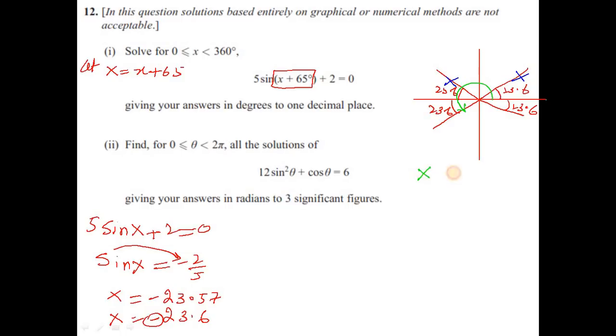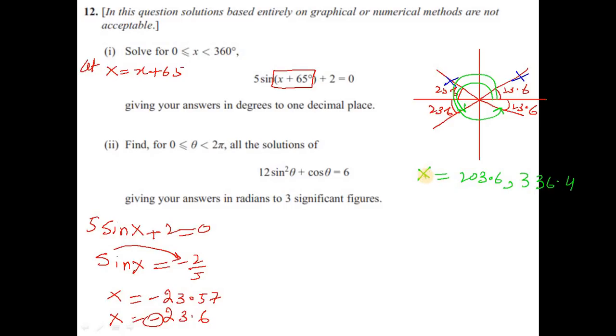So my first angle, capital X, is 203.6. The second answer is this, that means 360 minus 23.6, which will give me 336.4. So these are the two values, two angles for capital X.